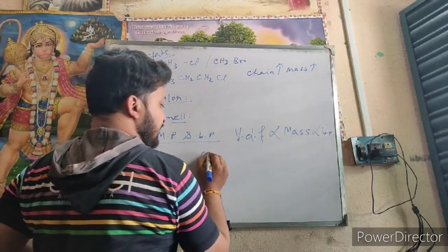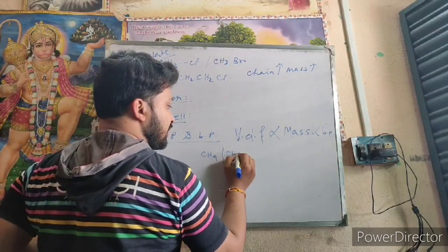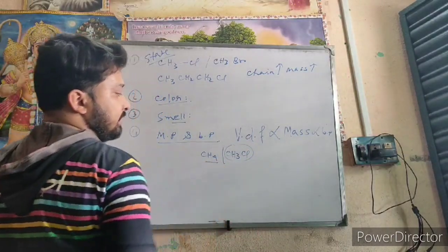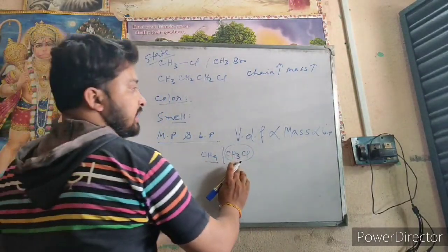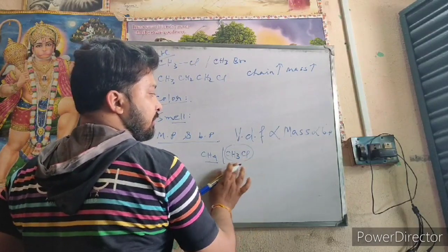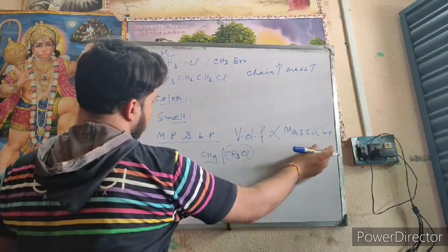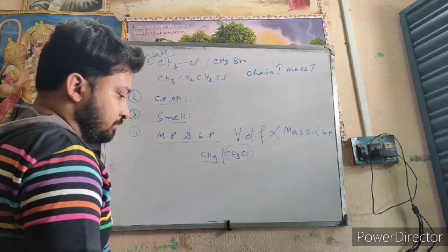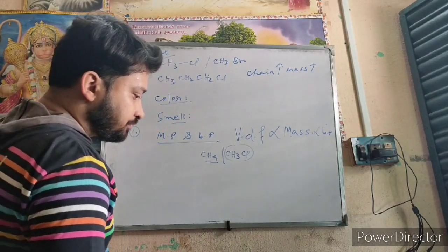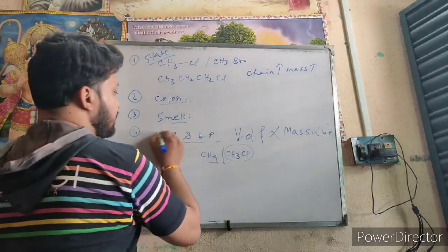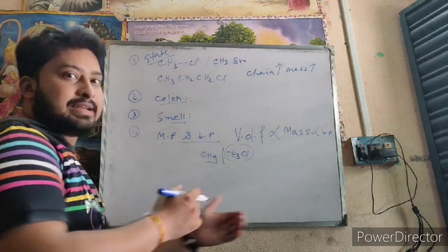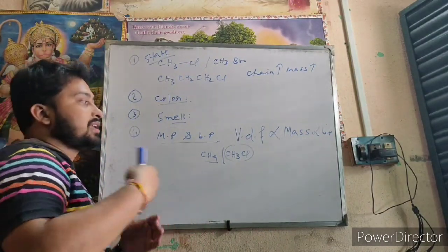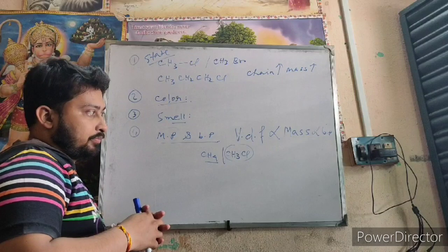If we compare CH4 and CH3Cl, this compound has more mass, so the van der Waals force of attraction is more, so the boiling point is high. So CH3Cl has a high boiling point. But the melting point depends on crystal packing. If the packing is compact, the melting point is high.